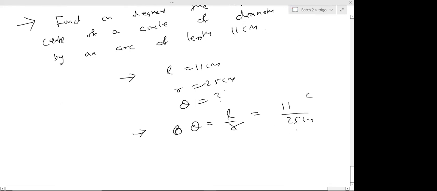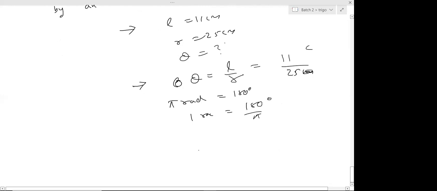So we can convert this into degrees. We know pi radian is 180 degrees. So 1 radian will be 180 upon pi degrees. So this much radian is 180 upon pi into 11 upon 25 degrees.